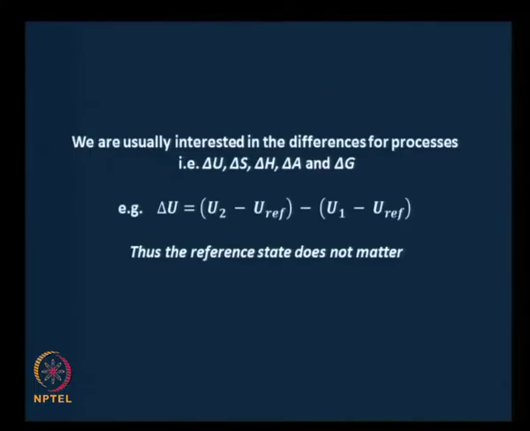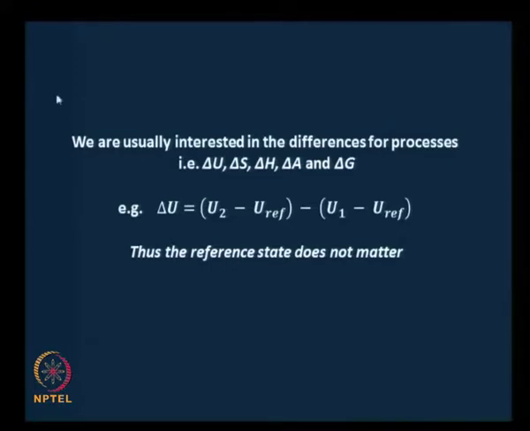If you are interested in a process, what reference state you take does not really matter, because in a process we are interested in delta U, delta S, delta H, delta A and delta G, delta referring to the value at a final state minus the value at an initial state.